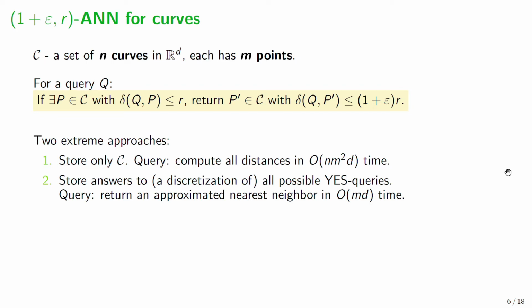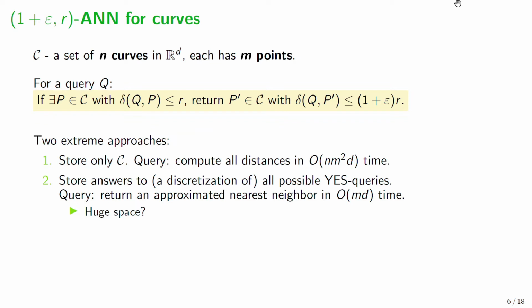The second one is to pre-compute and then store the answers to a discretization of all possible yes queries. And by yes queries, I mean that they have some input curve close enough to them. And the query algorithm just does a quick lookup to get the answer. But then obviously the space bound will be large.